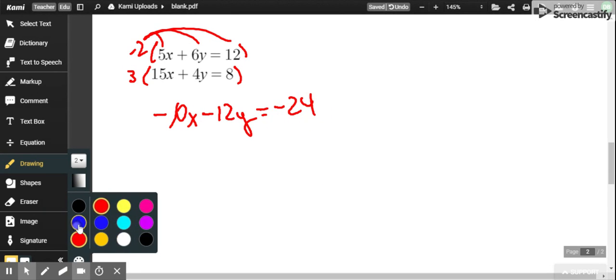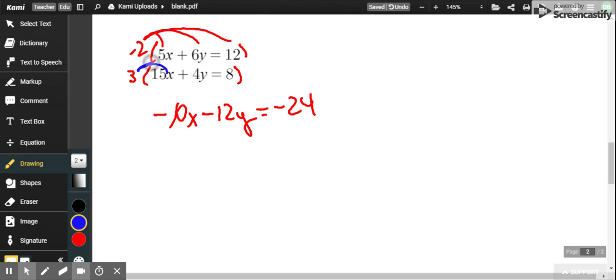Now I'm going to do the same thing with the next one: 3 times 15, 3 times 4, and 3 times 8. So 3 times 15 is a positive 45x. 3 times 4 is my positive 12y. And 8 times 3 is 24.